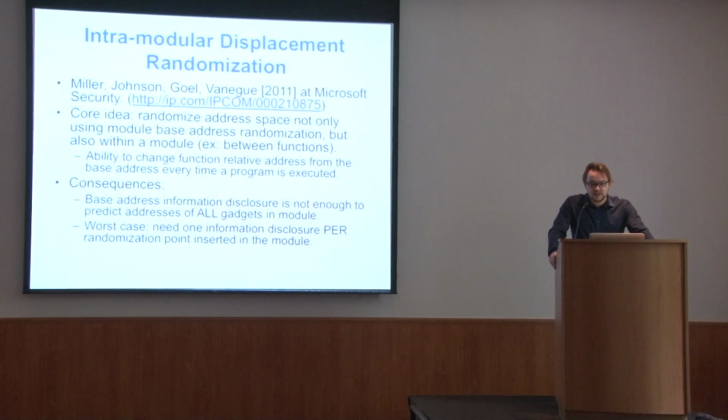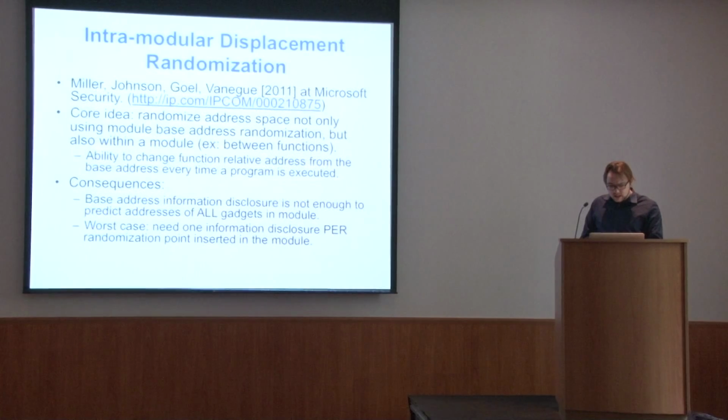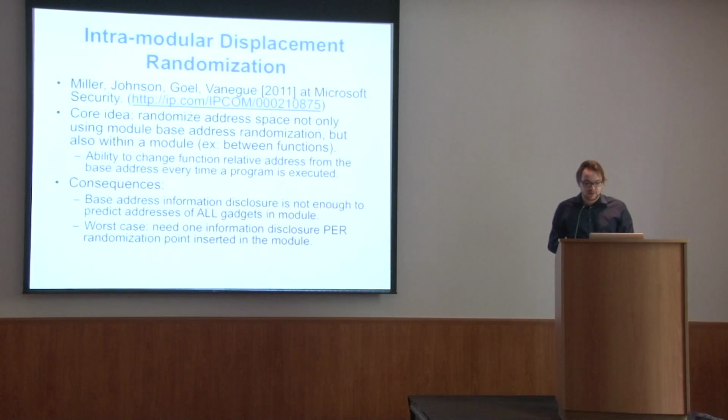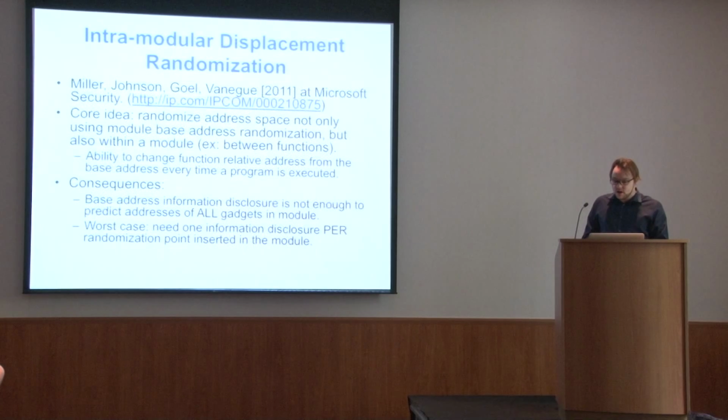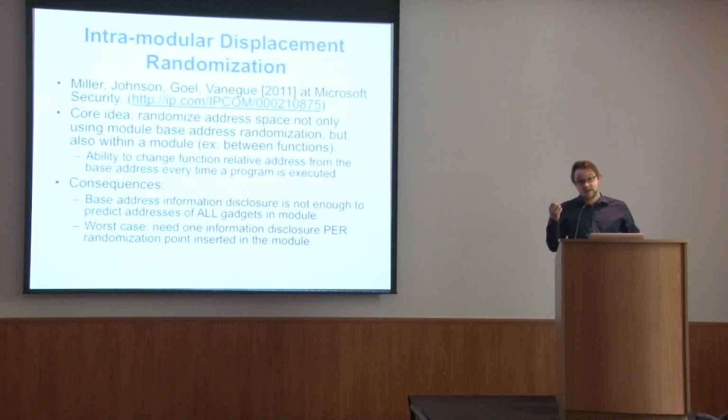Another mitigation that Matt Miller, Kenneth Johnson, Ken Johnson, and myself came up with 2 years ago, also inspired by many other people's research, is something called IDR, intramodule displacement randomization. The core idea of IDR is that we need to have randomization within modules instead of between modules.